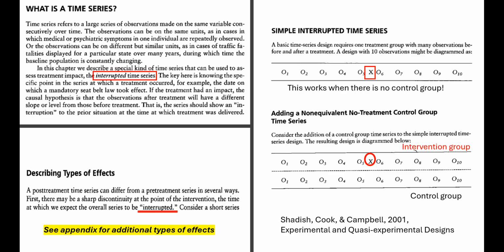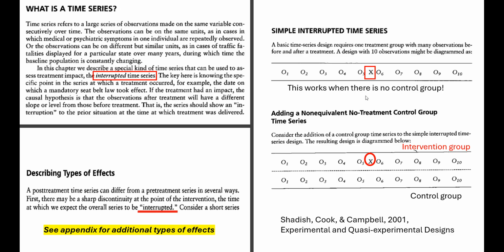You'll notice that we don't have a control group, and that's okay, because that's one of the benefits of the interrupted time series. A basic time series design requires one treatment with many observations before and after treatment. A design with 10 observations might be diagrammed as what we're looking at on the top right of the screen.